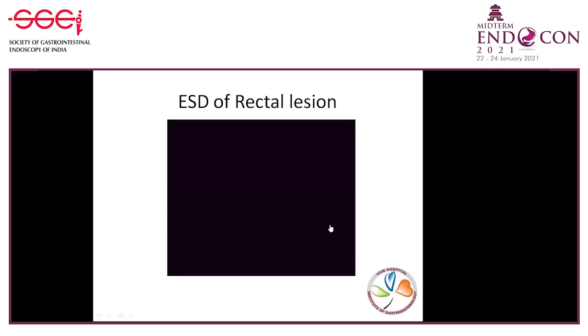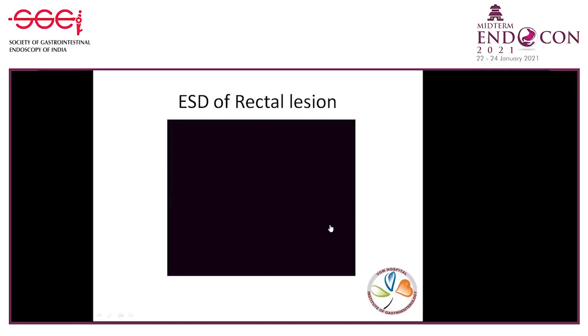Now we're using a TT knife. So here again, the lesion was lifting very well from the base, you can see. We use indigo carmine, and also hydroxymethyl cellulose to raise the lesion. Now there are other different agents which have come to raise lesions and keep them lifted, which is very important for ESDs.